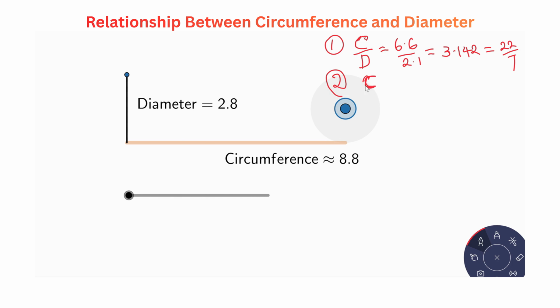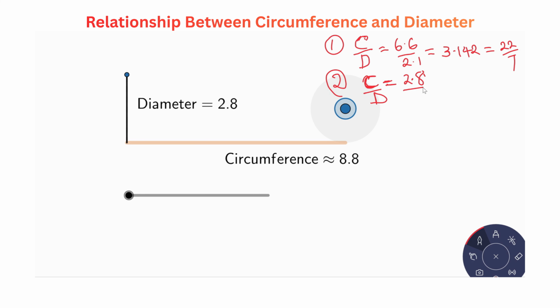Our circumference divided by our diameter, our new diameter is 2.8.